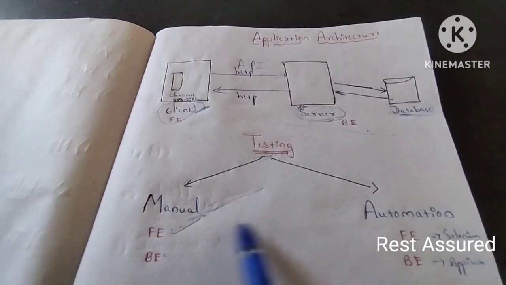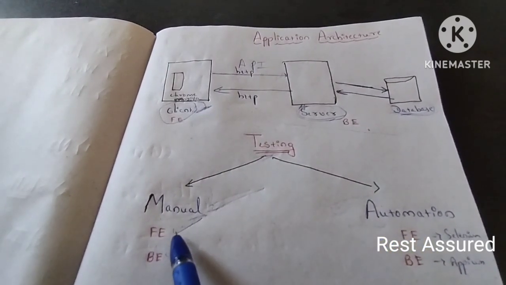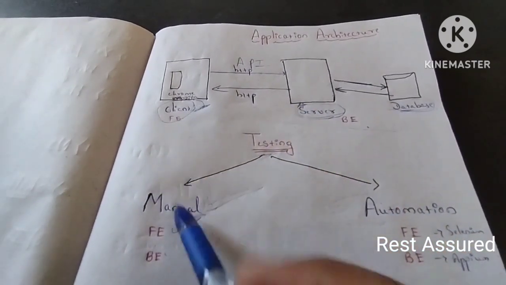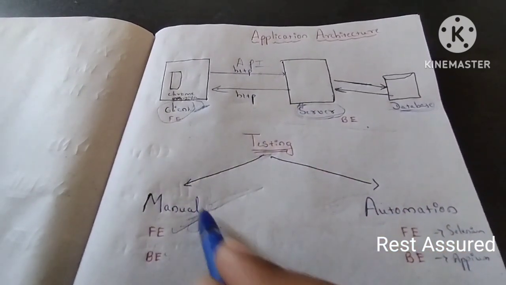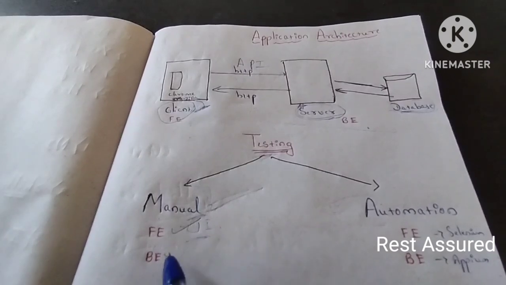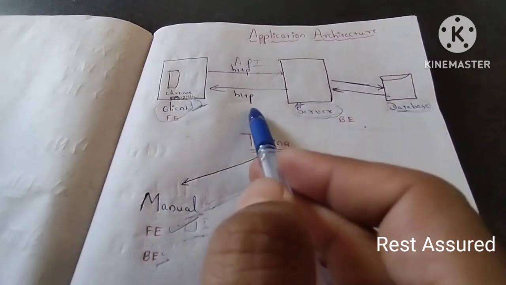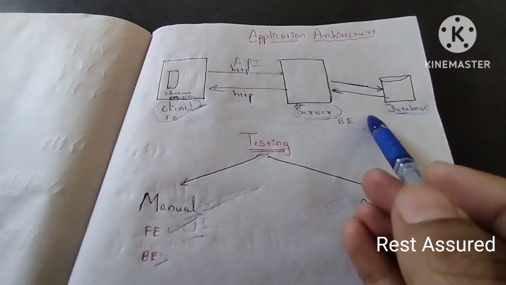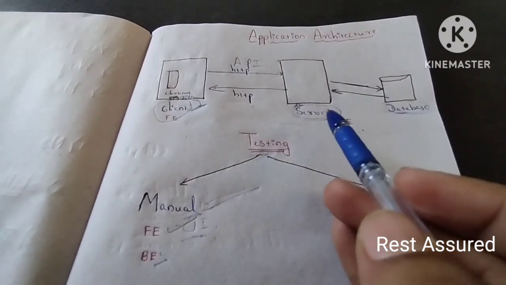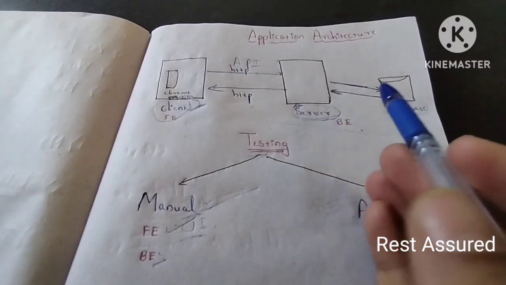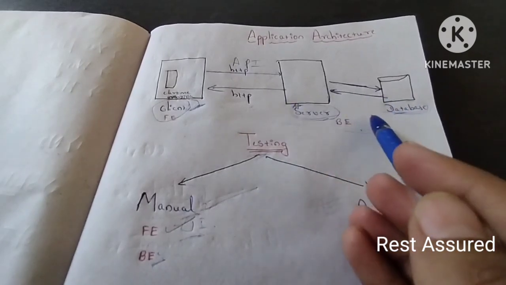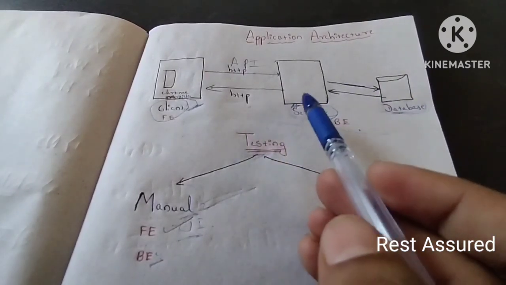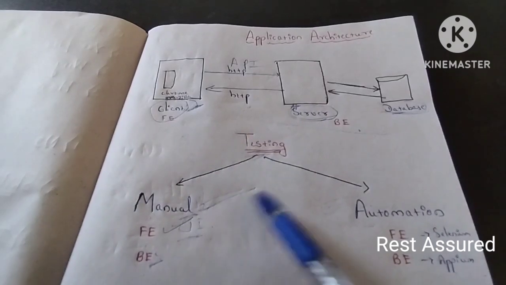That is automation testing. Manual is done on the front end side as well as the back end side. Front end is manual UI testing. Back end means API testing and database testing. In the database, we write queries to check whether our data is properly inserted into the proper table and proper column, and whether it has proper validation or not. Those are the things we verify.